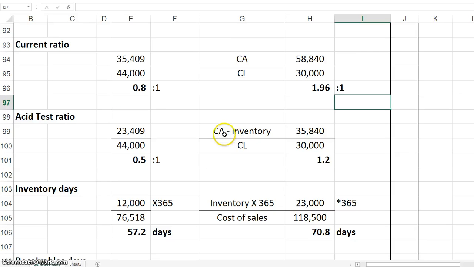Next one is the acid test ratio, which is your current assets minus your closing inventory over your current liabilities. So exactly the same figure on the bottom, 44 and 30 in this case. The only thing that changes is we need to take away closing inventory.